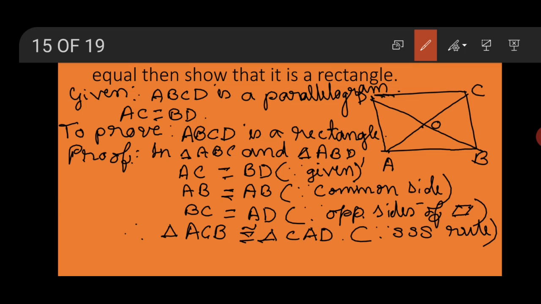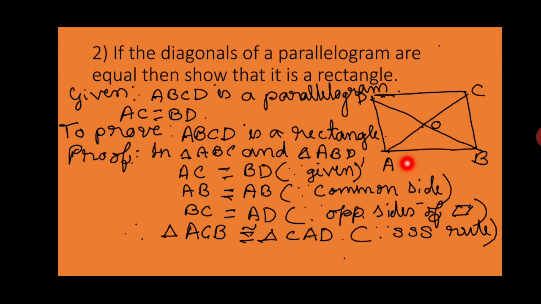Now, once you are able to say the two triangles are congruent, then we can say their corresponding parts are also equal. Now, can you say, therefore, angle ABC is equal to angle BAD?